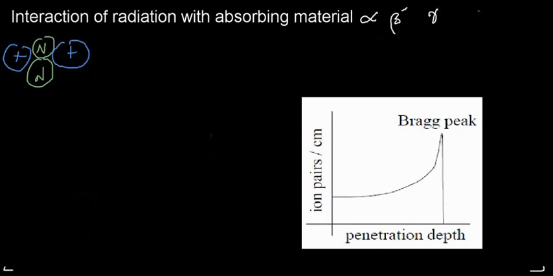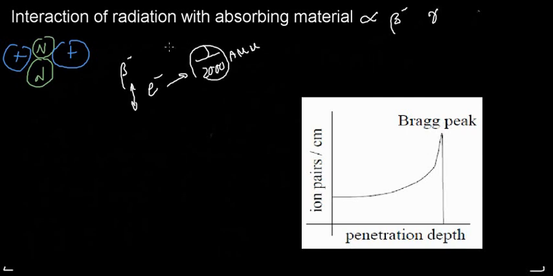Let's compare it to a beta negative particle. A beta negative electron is the same thing really, and an electron is about 1 to 2,000th of one atomic mass unit, which means it's almost 1 to 2,000th the size of these guys here.